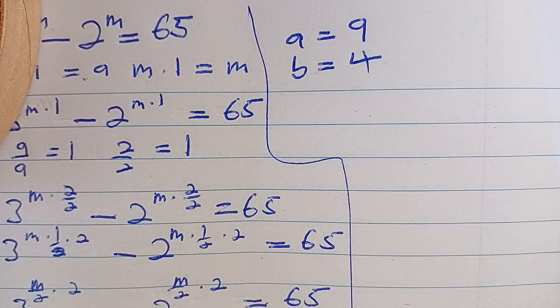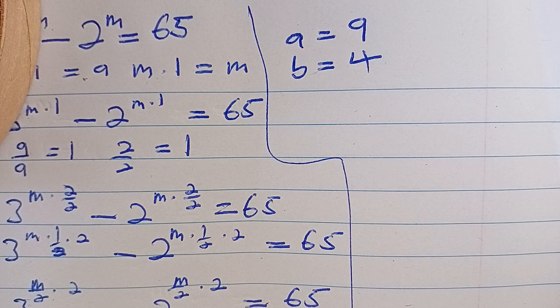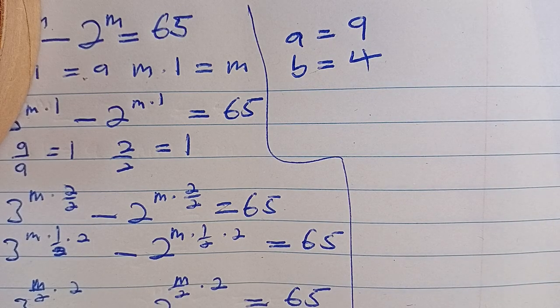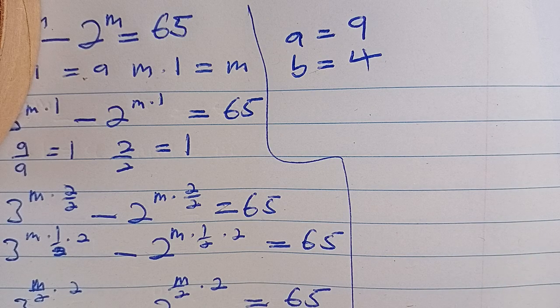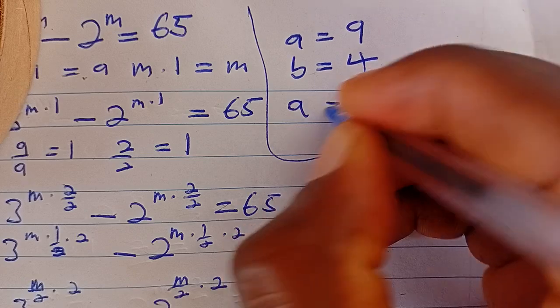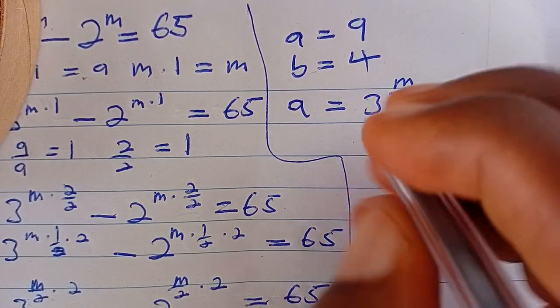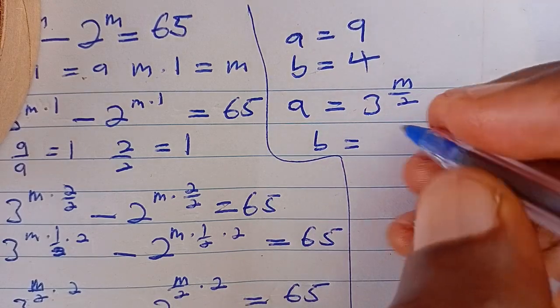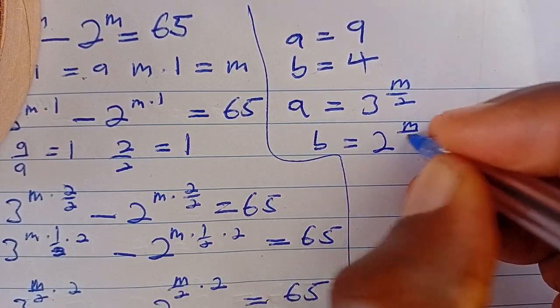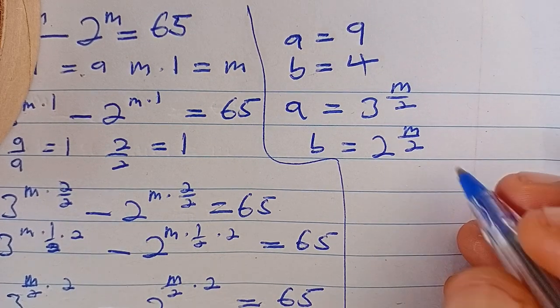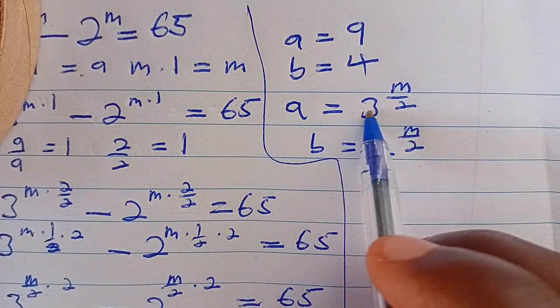Remember that while solving this equation, we said that a represents 3 exponent m over 2, and b represents 2 exponent m over 2. Now we know the value of a, so we can put the value of a here.